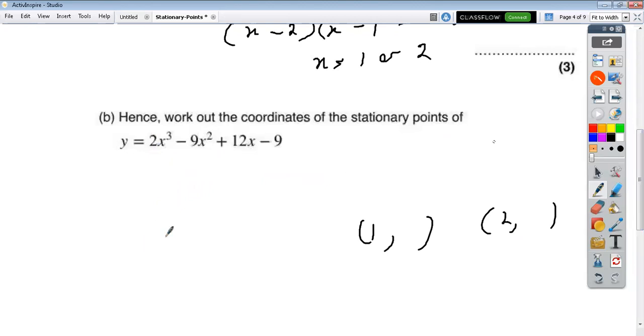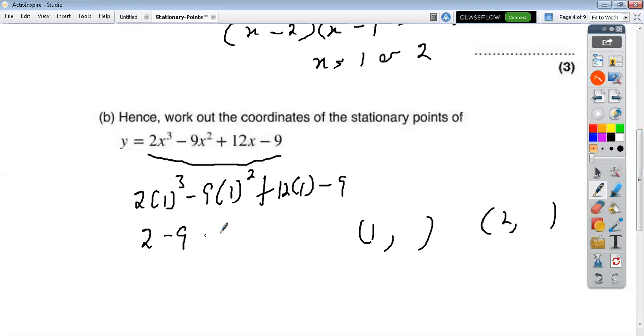So this is 2 minus 9 plus 12 minus 9. So 2 plus 12, 14. Minus 9 minus 9, minus 18. So that should give you negative 4. How would you get that?